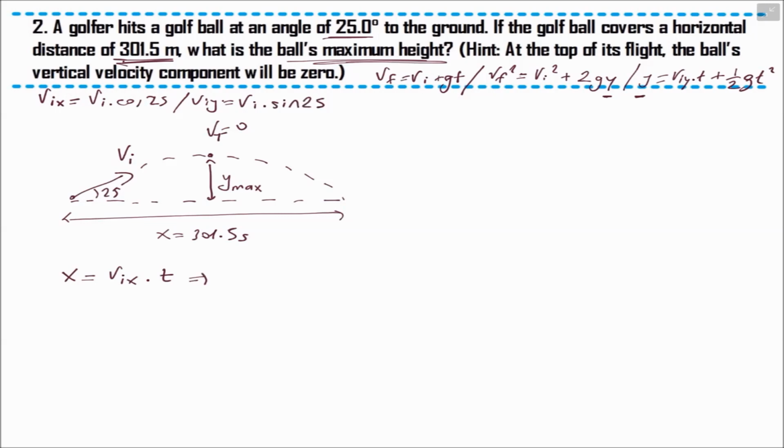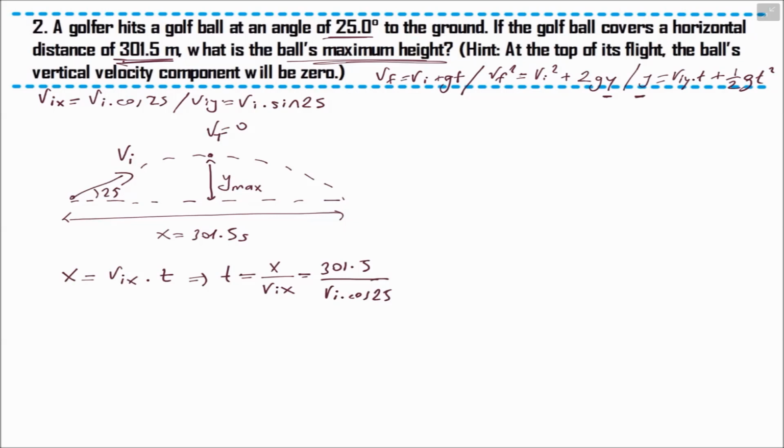So time for the whole flight will be what? Time equals x over v initial x, and x is 301.5 over, instead of v initial x, I will substitute v initial times cosine 25.